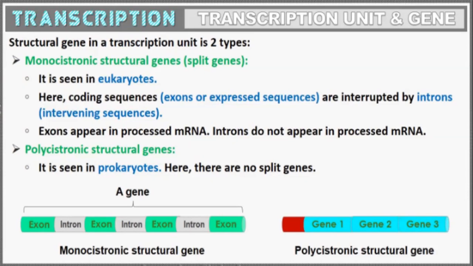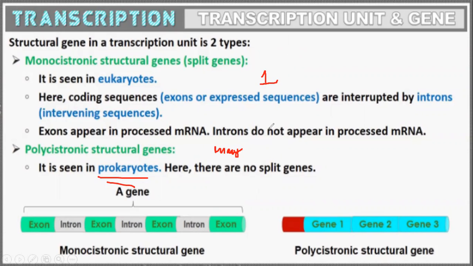Polycistronic structural genes carry information about many polypeptide chains. And these polycistronic structural genes are seen in prokaryotes.